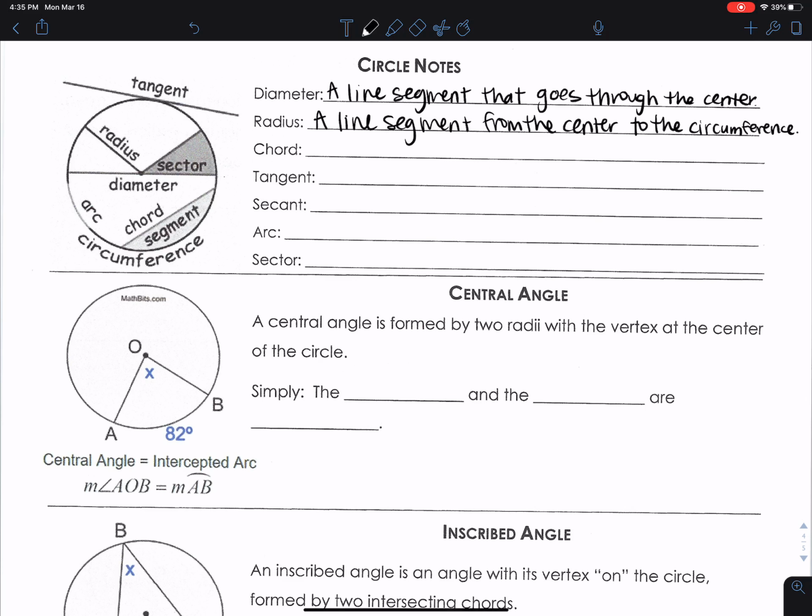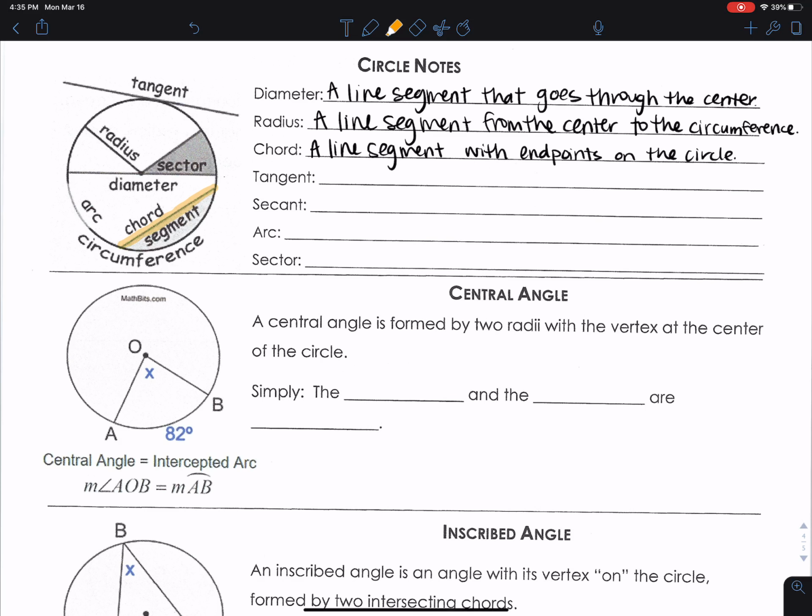A chord, that's one that's new this year. A chord is a line segment with endpoints on the circle. So in our picture, we have a chord right here.